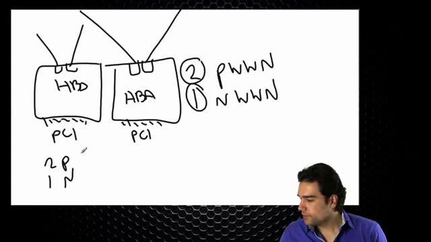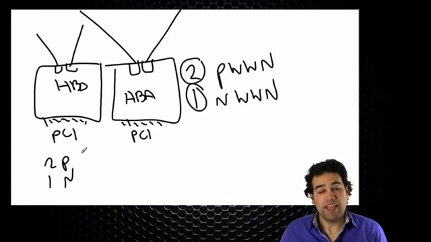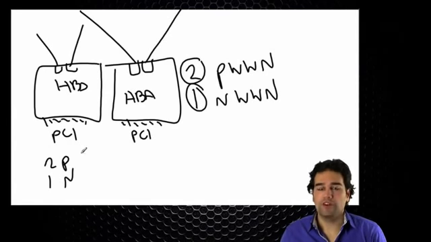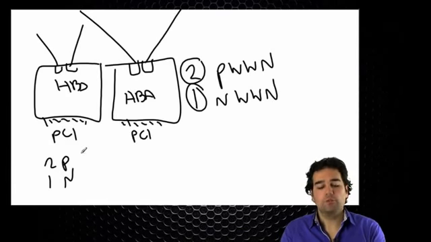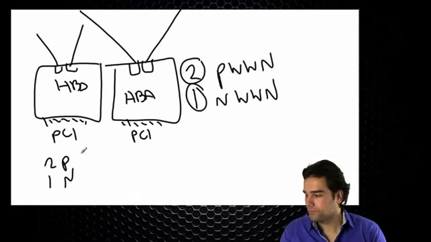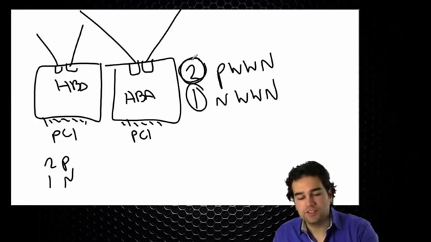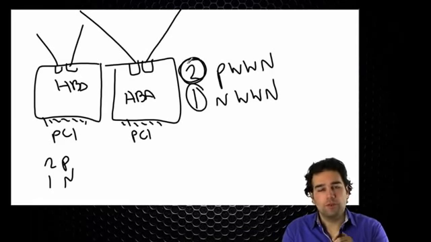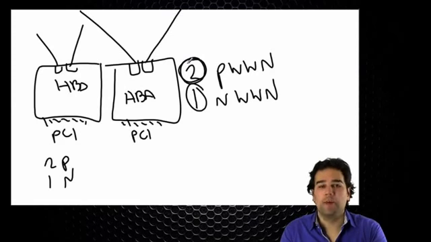Question, how is a port worldwide name assigned to an HBA? This is handed out by the hardware vendor, just like a MAC address. So when you buy the HBA, it will have these addresses configured. It will have them burned in, just like the MAC address.